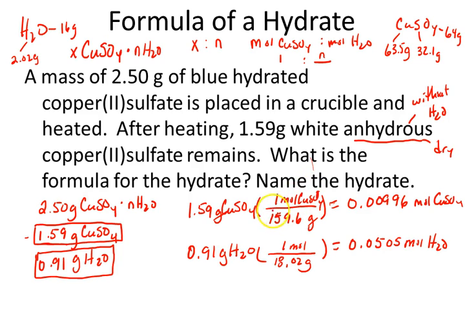So instead of finding moles of the individual elements, we're finding moles of the parts of the compound, the ionic copper 2 sulfate and the hydrate out here, which is the water. We're going to divide each of these by 0.00996 moles. Same here. This is 1.